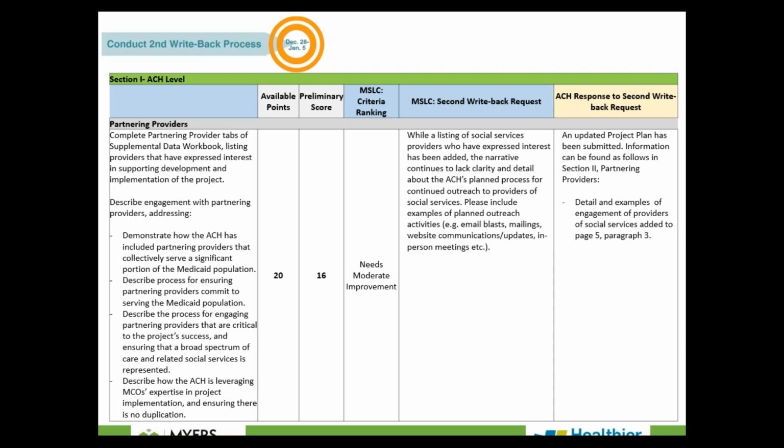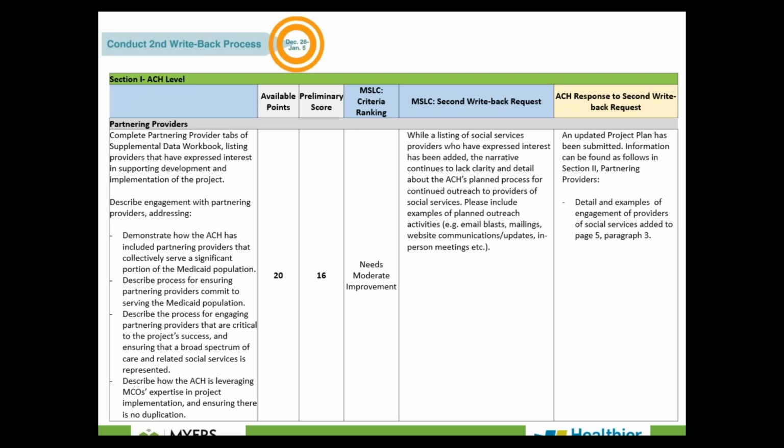We've noted that while some of the clarification was made from our first write-back, we still aren't seeing what we think might be beneficial in terms of providers of social services. So we note that and ask for examples, and then the ACH would respond in the same manner. We would ask too if the ACH is not wanting to or doesn't have information to provide that they note that in this column as well.